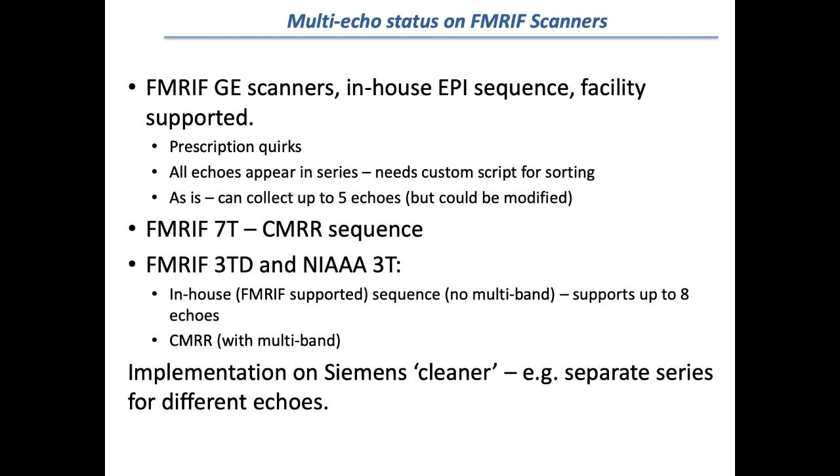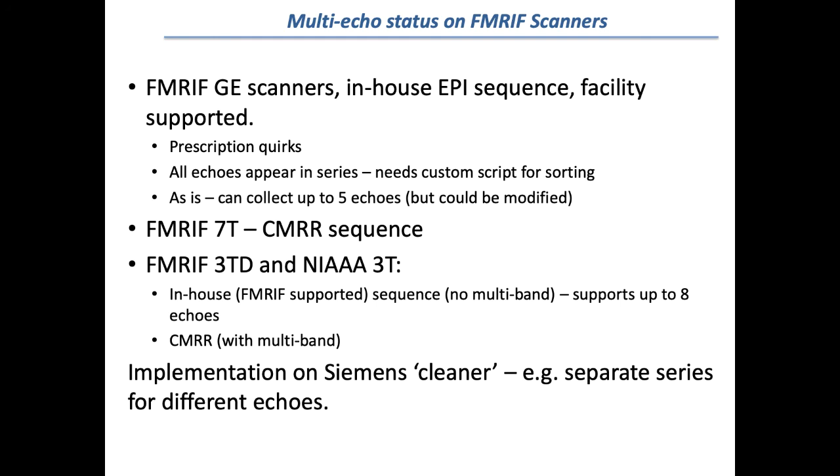And on 3TD and the NIAAA 3T, we took the Siemens product EPI sequence and with some very simple tweaks added in multi-echo capability. So those sequences are able to acquire up to 8 echoes.